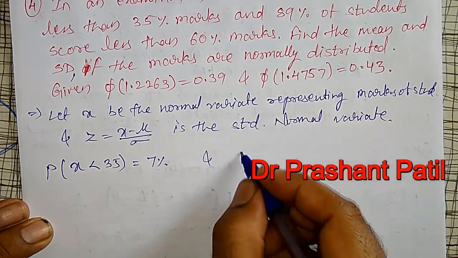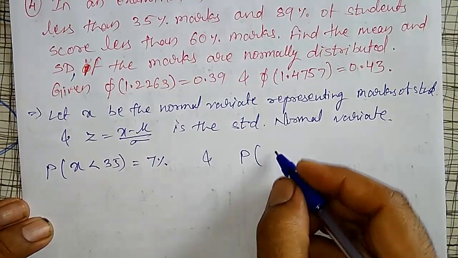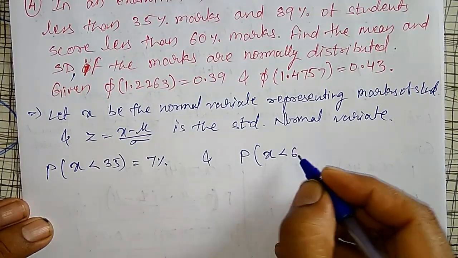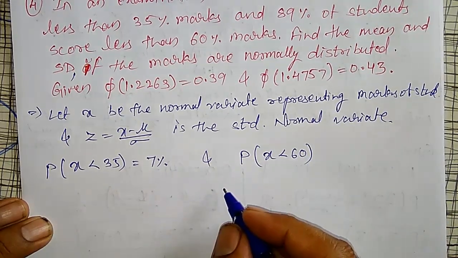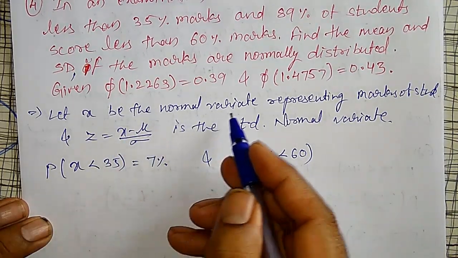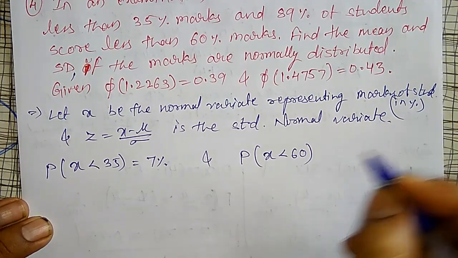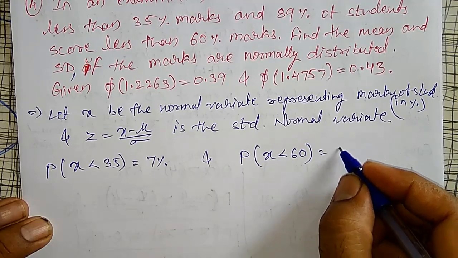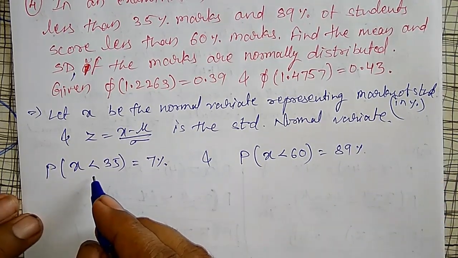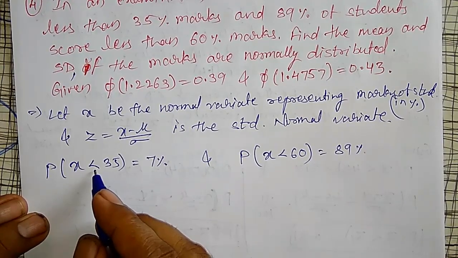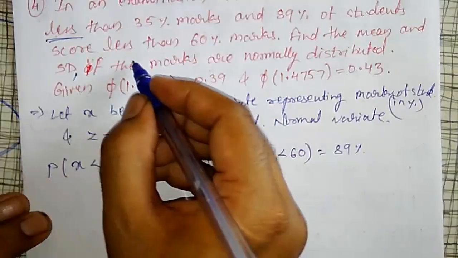And probability of x less than 60 marks is equal to 89%. In spite of writing percent here, let me choose the number of marks in percentage. In this particular example I am taking both as less than, because here also less than is given, and here also.